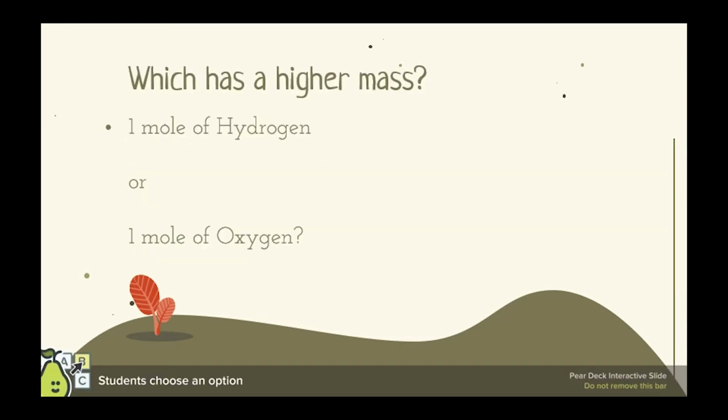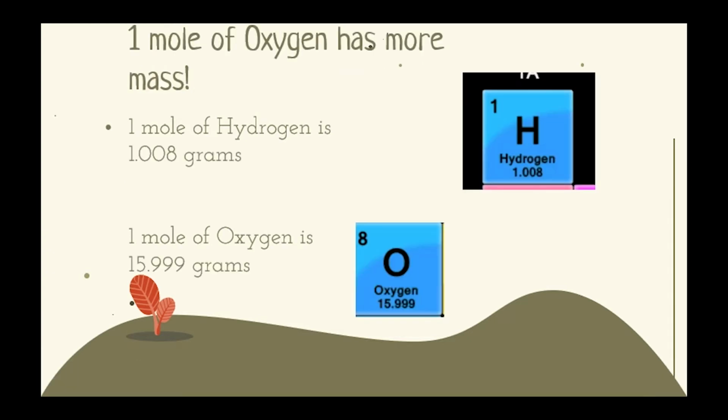So let's use the periodic table to determine which would have a higher mass. Would it be 1 mole of hydrogen or 1 mole of oxygen? When we look at the periodic table, we can see that hydrogen has an atomic mass of 1.008. That means it's the same as its molar mass.